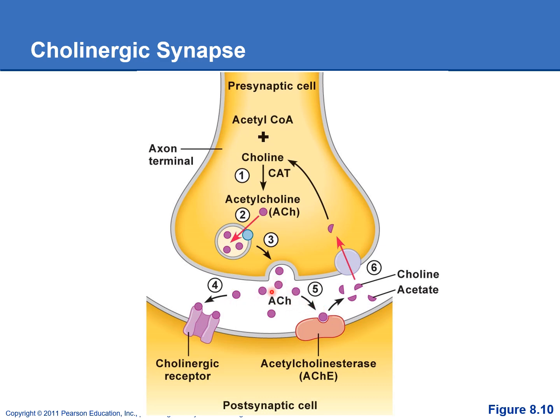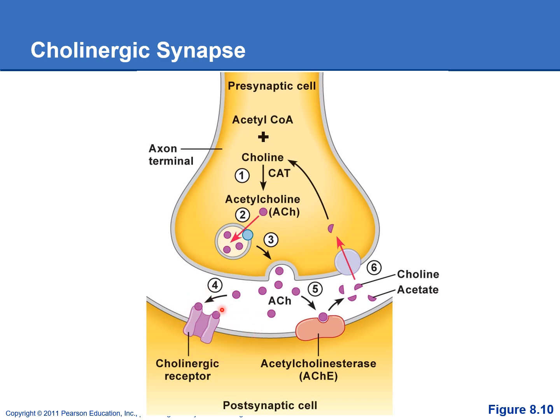And then the acetylcholine will diffuse across the synaptic cleft to whatever this postsynaptic cell is. Maybe it's a neuron, a muscle cell, or a gland. And the acetylcholine will then bind to a cholinergic receptor.